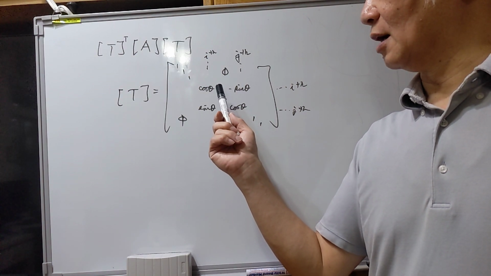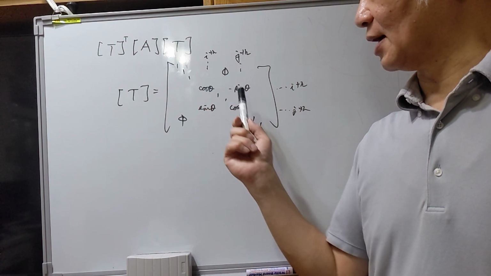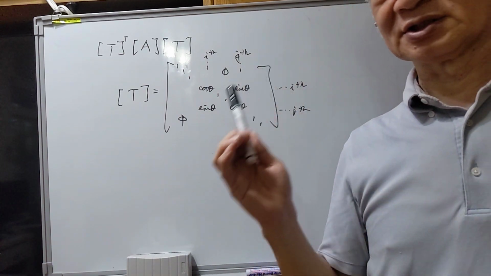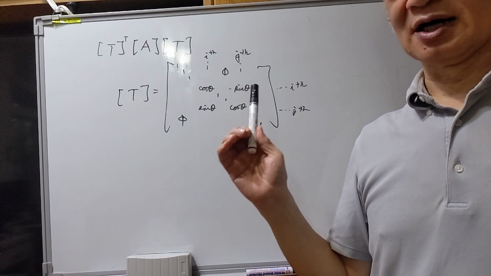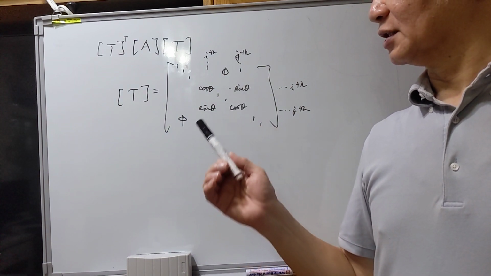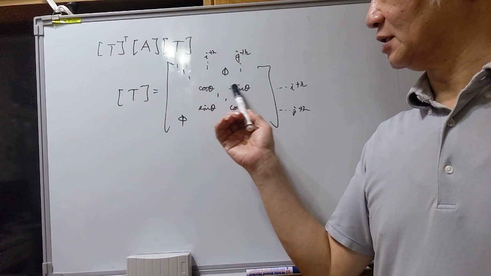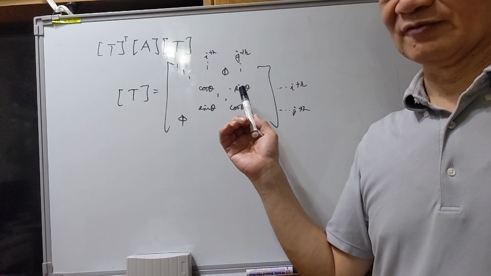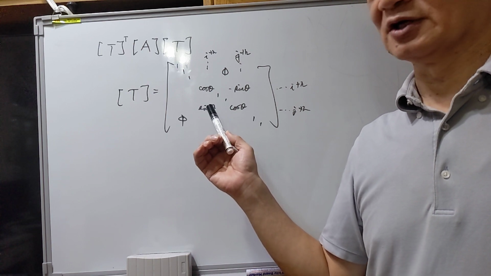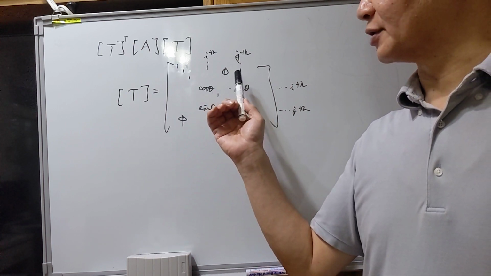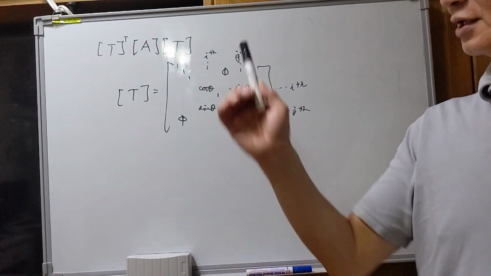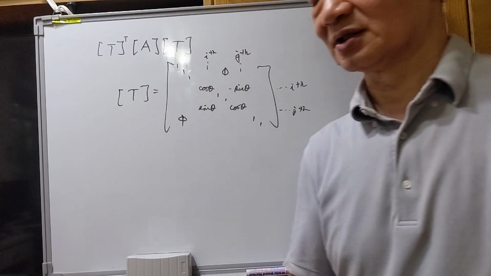Except for TII and TJJ, all other diagonal elements are equal to 1. And except for TIJ and TJI, which are the negative sine theta and the positive sine theta, all other off-diagonal elements are equal to 0. Okay, so that's the T matrix.